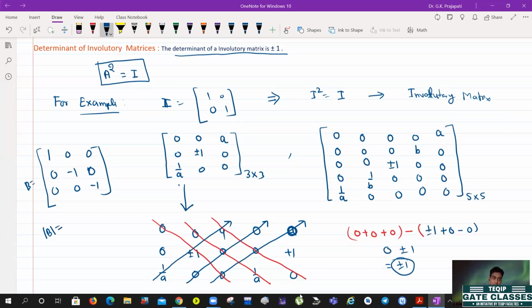We can see that this is a diagonal matrix. So the determinant of a diagonal matrix, we know, is the product of its diagonal elements, that is 1 into minus 1 into minus 1, that will be 1. So we can see that the determinant of an involutory matrix will be either plus 1 or minus 1.